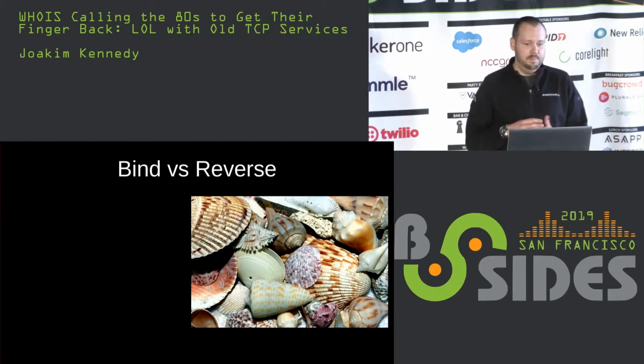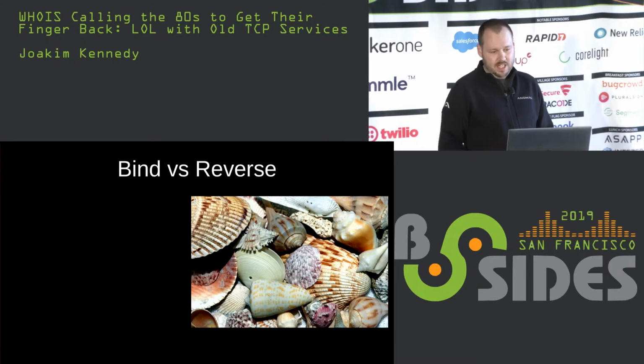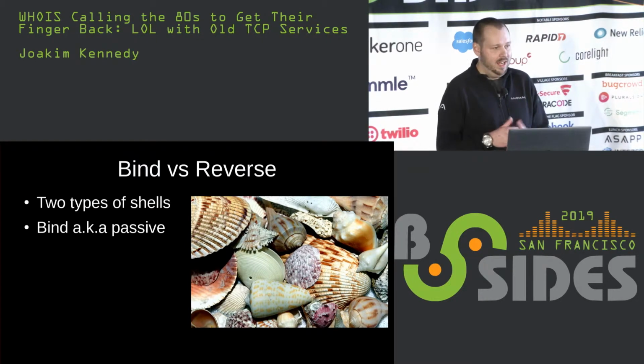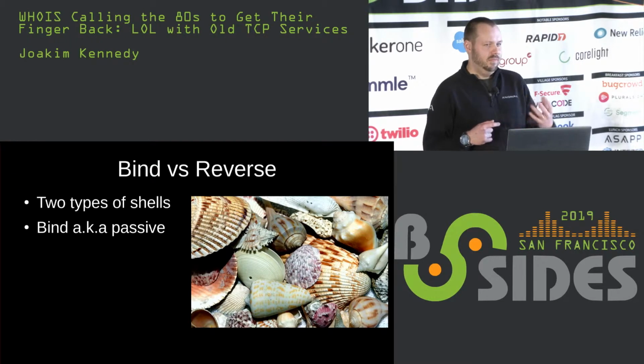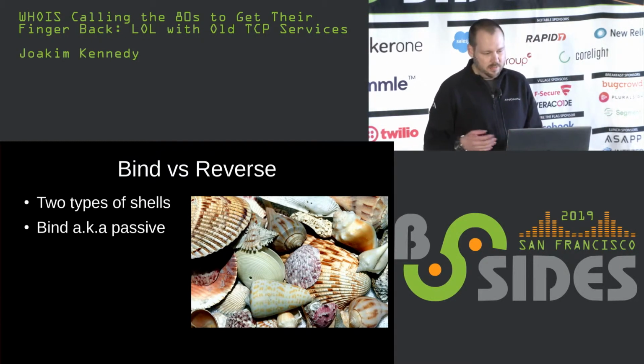So in terms of shells and backdoors, there are essentially two different kinds. The first is what we call a bind shell or a passive implant. This is more what you're familiar with in terms of a telnet server or an SSH server.